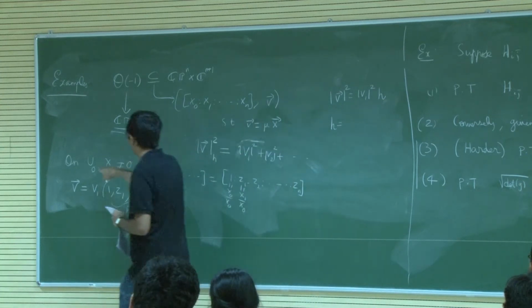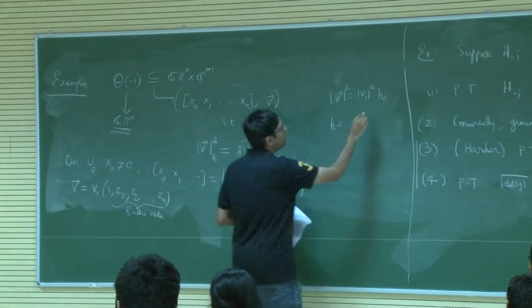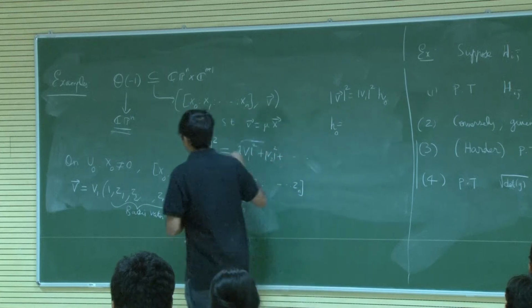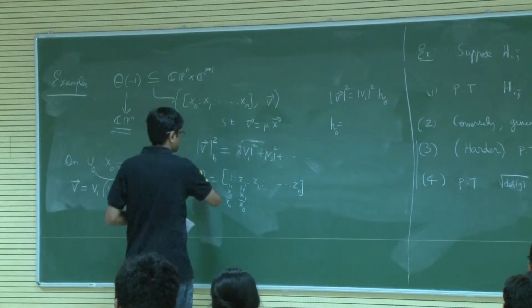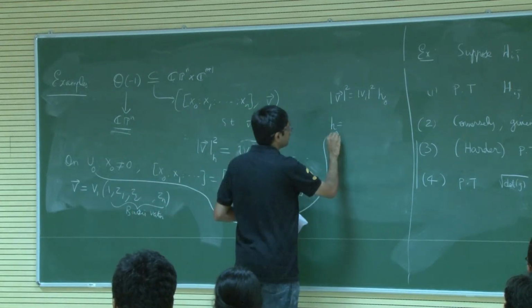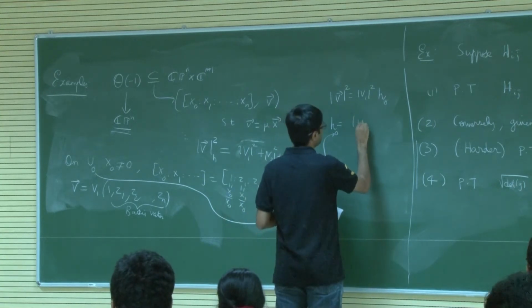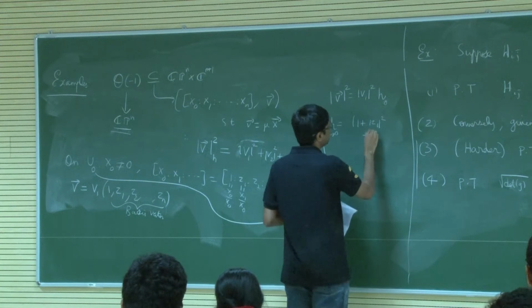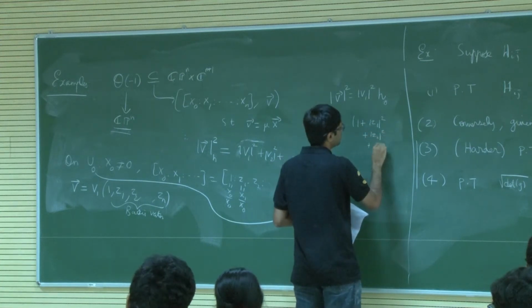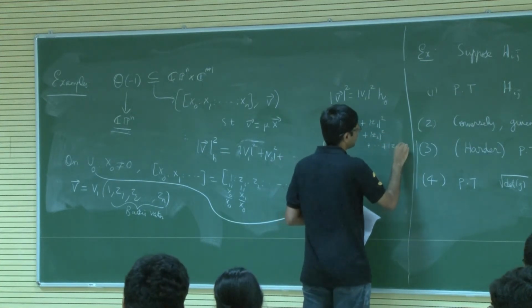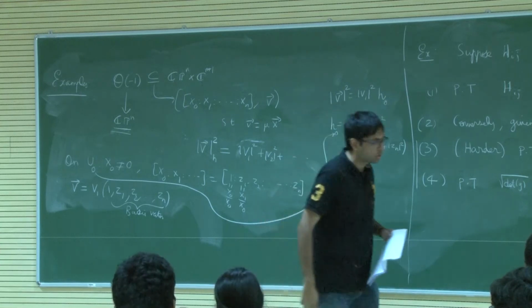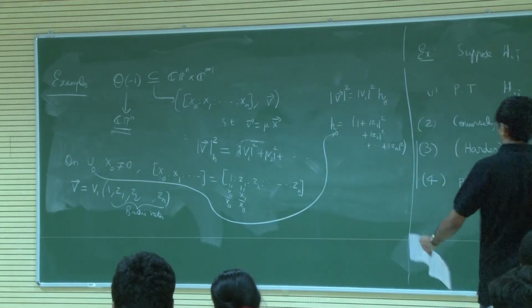I'm taking U_0, so I'll put an h_0 here. It is simply 1 plus |z1| squared plus |z2| squared and so on until |zn| squared. What is the curvature of this bundle, of this metric?